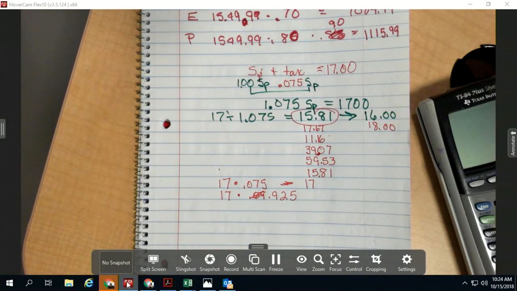And then they get an answer that's reasonably close to the right answer. What do you get if you take 17 times 0.925? 15.72. And so they say, well, that's pretty close to the right answer, so I must be doing it right.